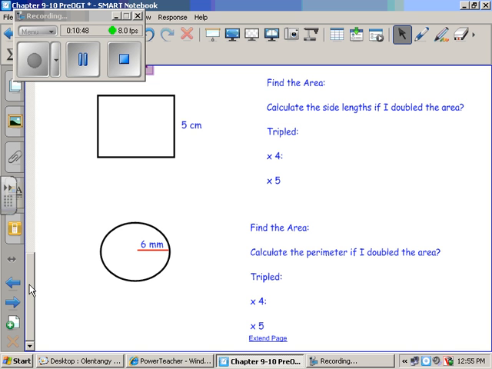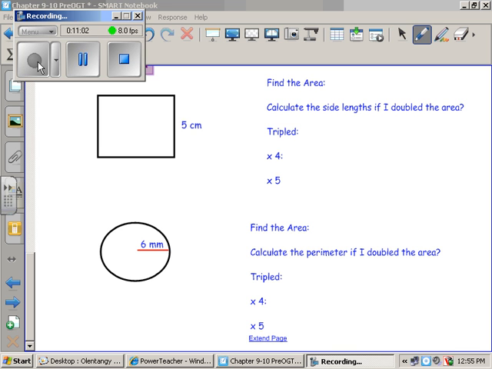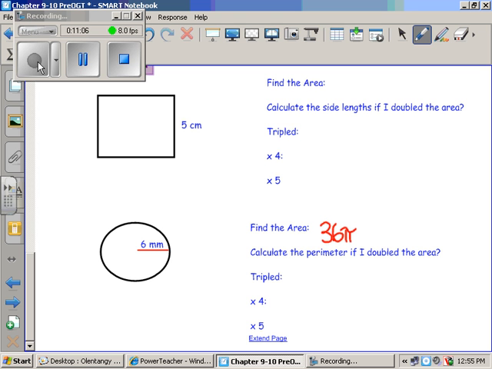The area of that circle with a 6 millimeter radius. So, if we use pi r squared and we leave pi as itself, then the area of this would be 36 pi, radius squared times pi.